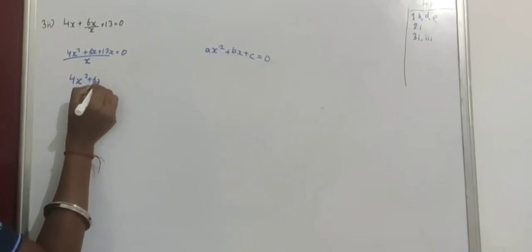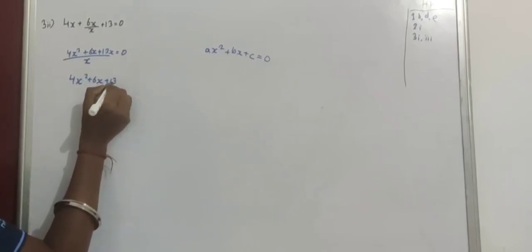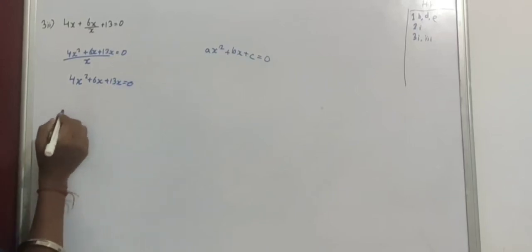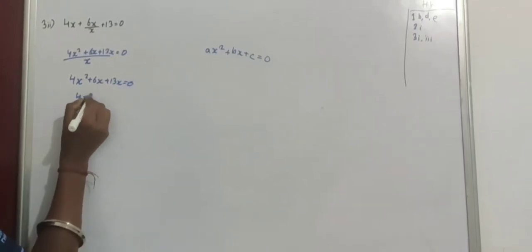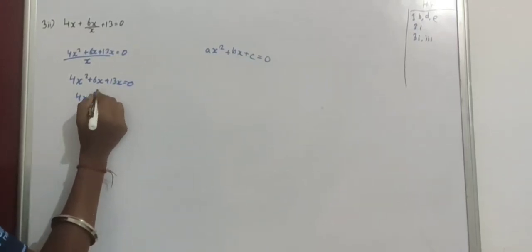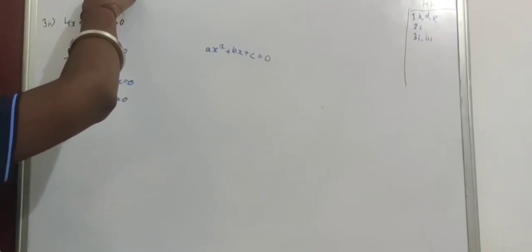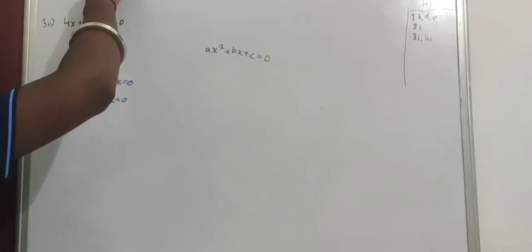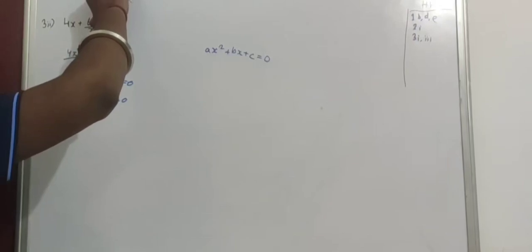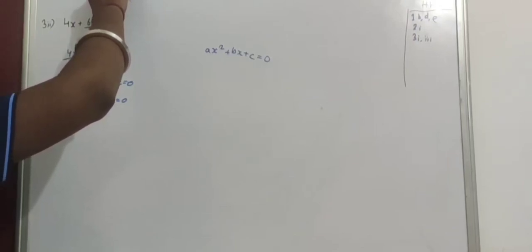Now send x to that side, it will be 0. So we have 4x square plus 6x plus 13 is equals to 0. Now solving further, we have 4x square plus 6x and 13x.